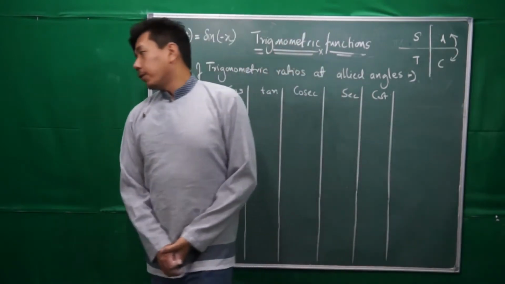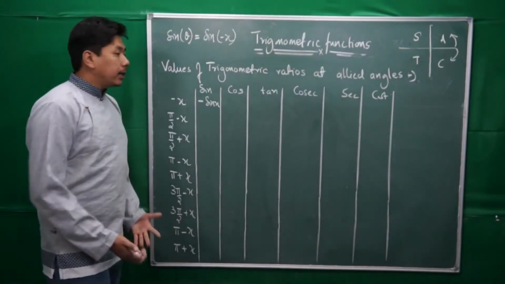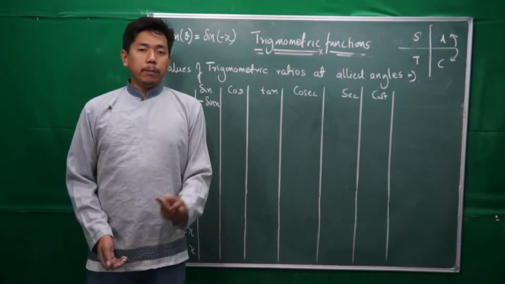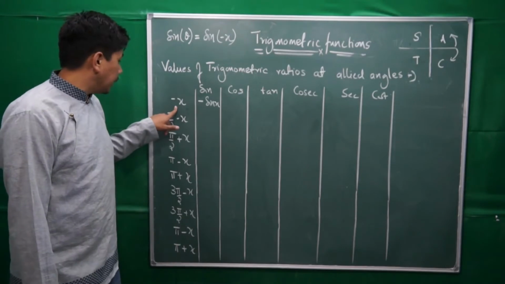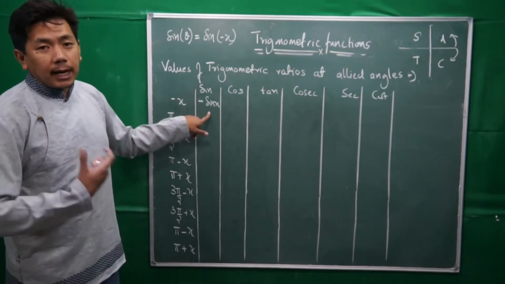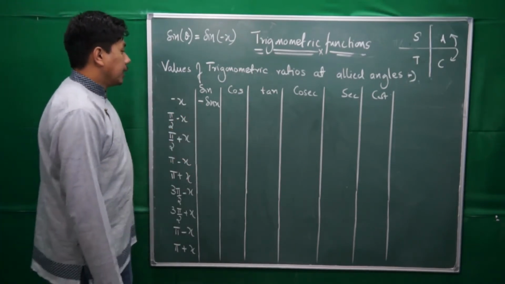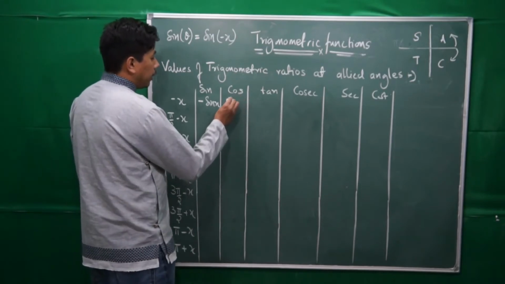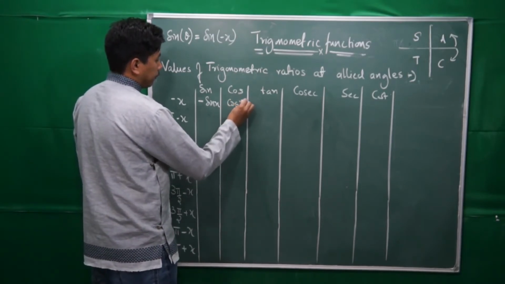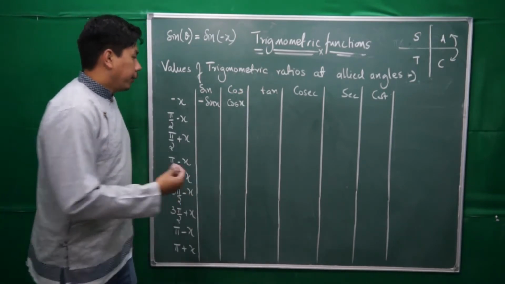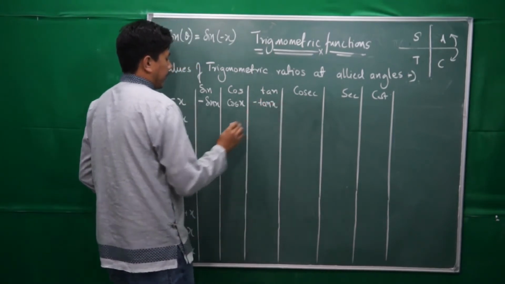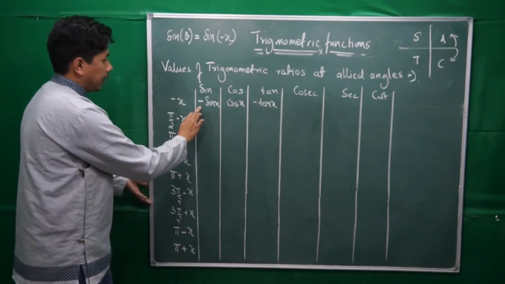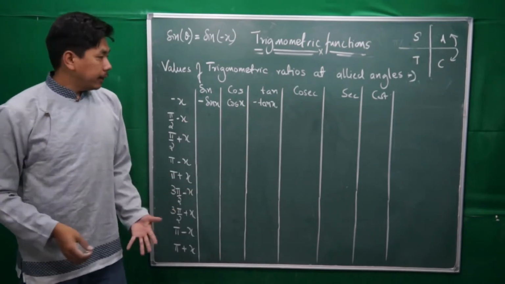As you can clearly see, only two trigonometric ratios are going to be positive for angles between 270 and 360 degrees. So sine's value is negative. Similarly, cos will be positive. For tan, it would be negative: if you divide sine by cos x, the negative remains, so it would be negative tan x.